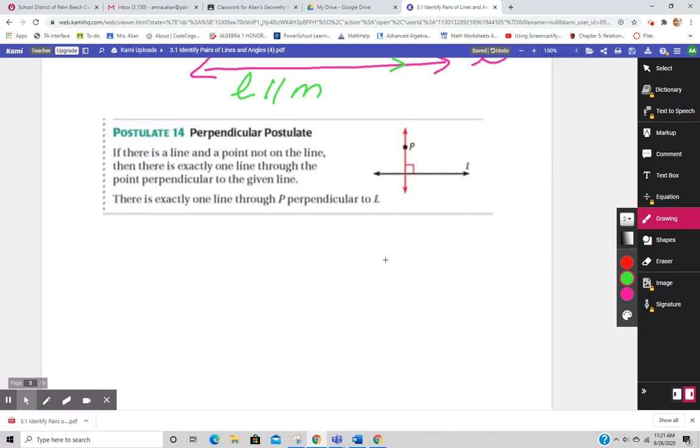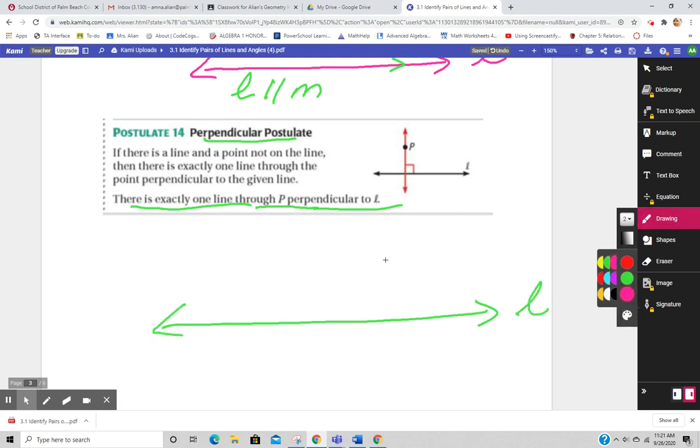Postulate 14, the perpendicular postulate. This says there's exactly one line through P perpendicular to L. Let's sketch it out. You have a line, we'll call it L, and you have a point that does not lie on that line.